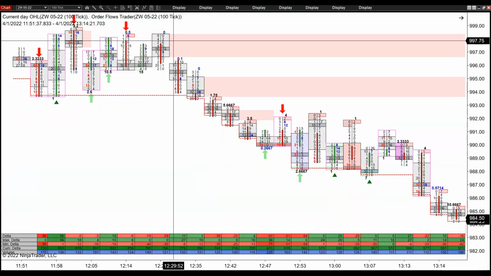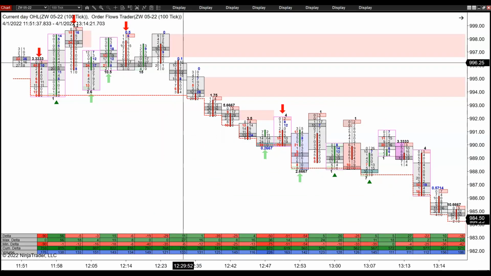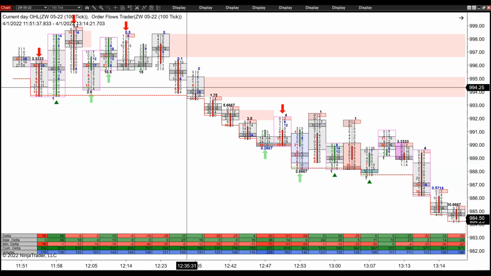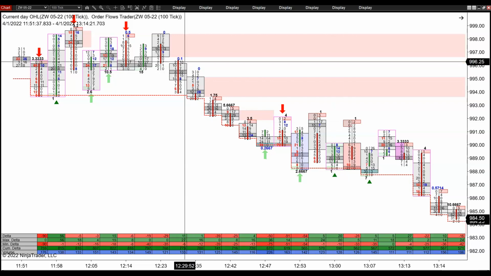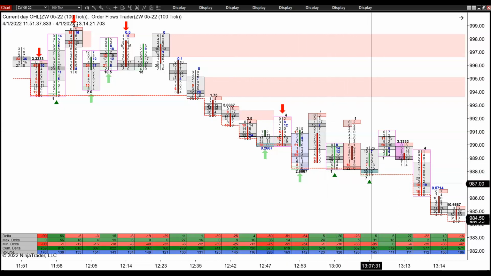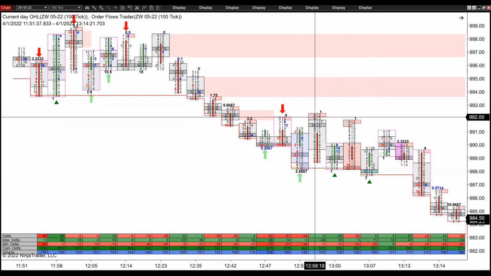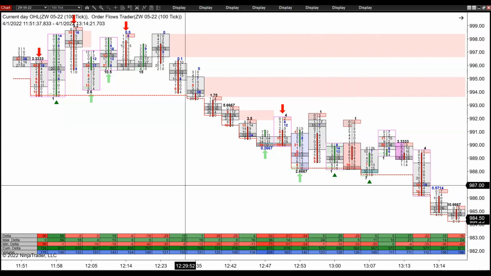You're starting to see these gaps in the value areas, and you can ride these trends a bit nicer. You're starting to see sequencing coming in.